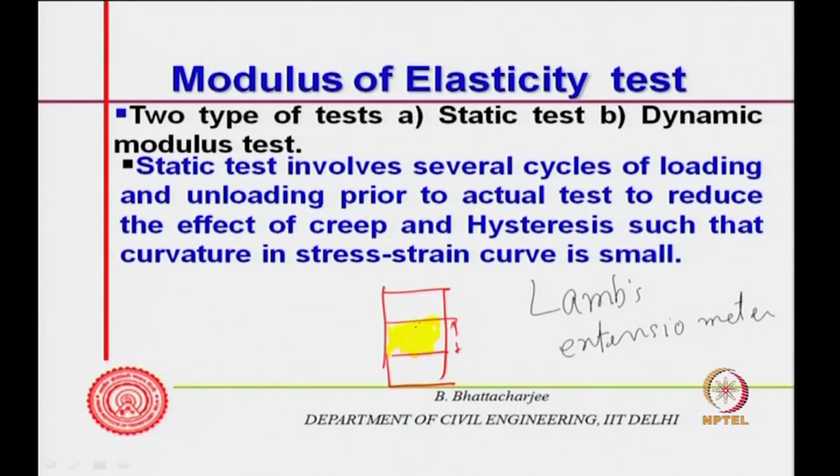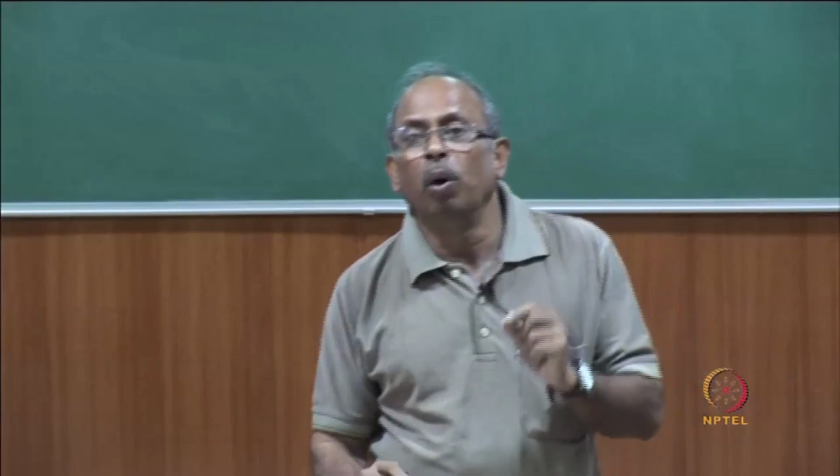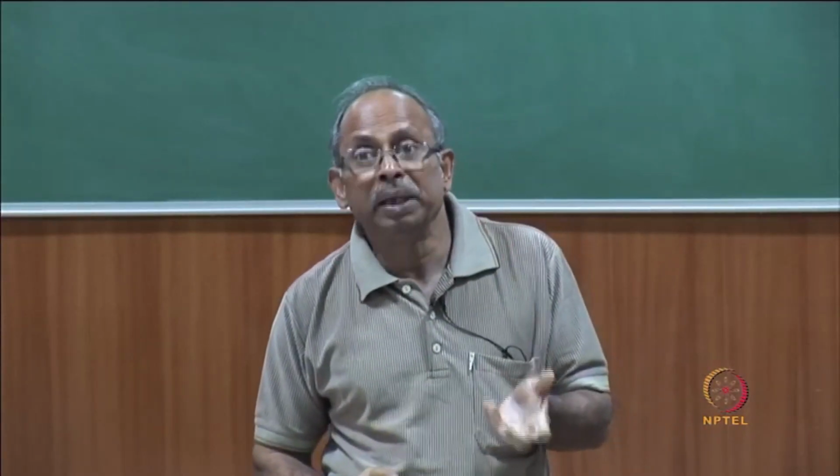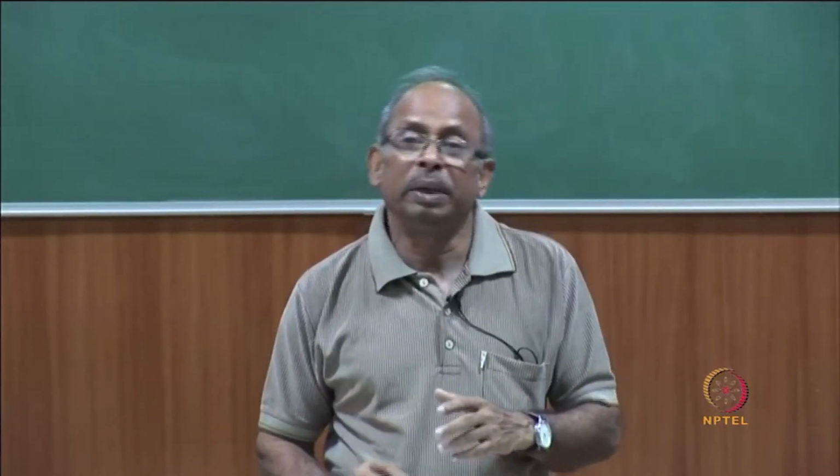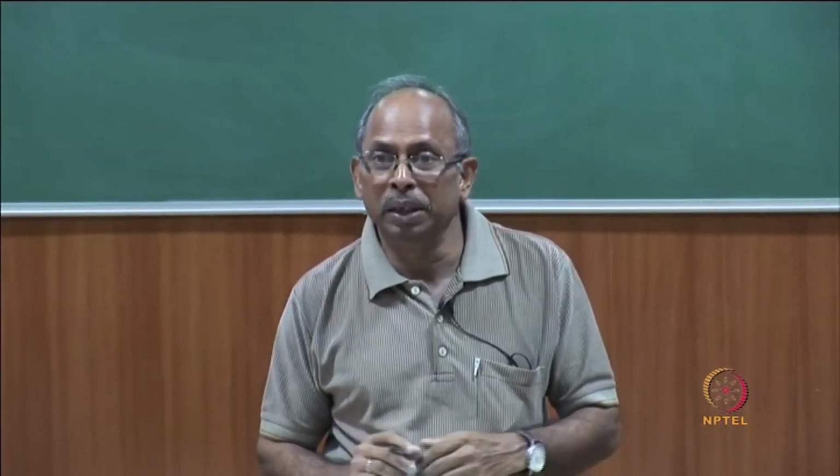We will put the gauge in the central portion, so this will be 300 mm, and the central 150 mm. You put the gauge here, but the deformation is relatively small. So, how do you measure this deformation? It has to be amplified in some manner. It was amplified optically in those earlier days.